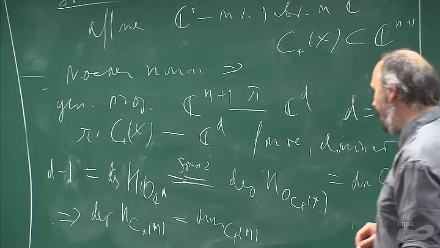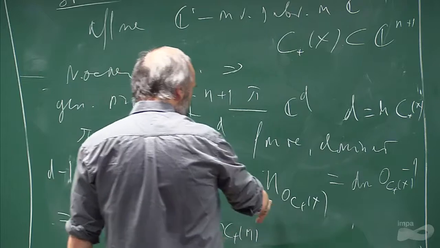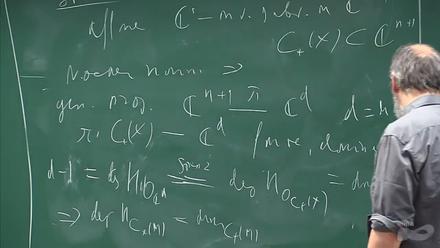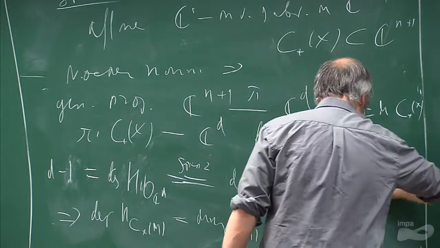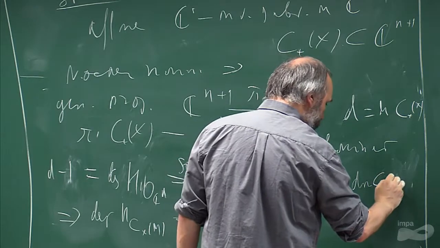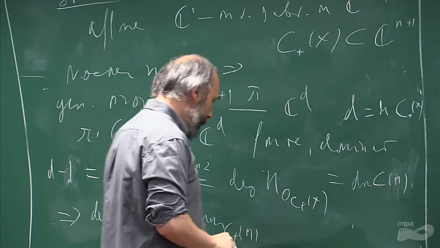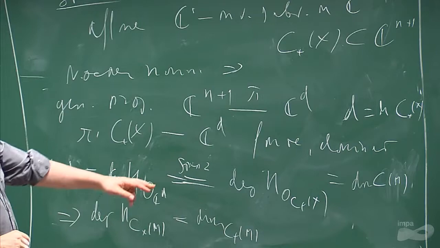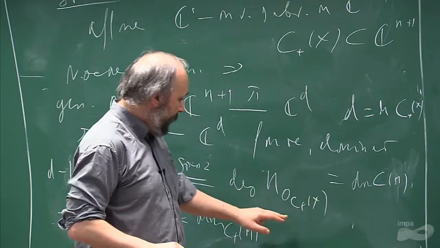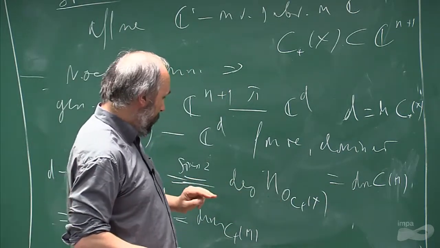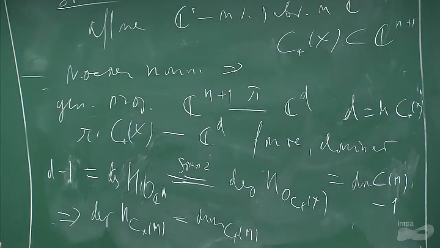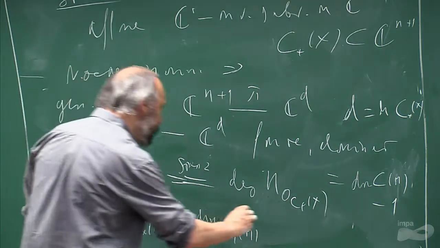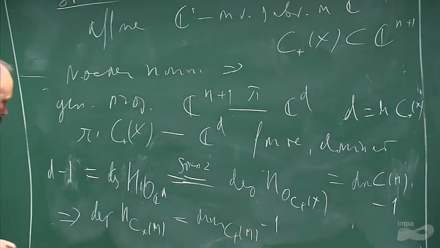I think here it should be plus 1 probably. So it's first it should be a cone, the dimension of C of m. So when the dimension is 1, this is 0. So it's minus 1. Okay. Here you have minus 1 as well.